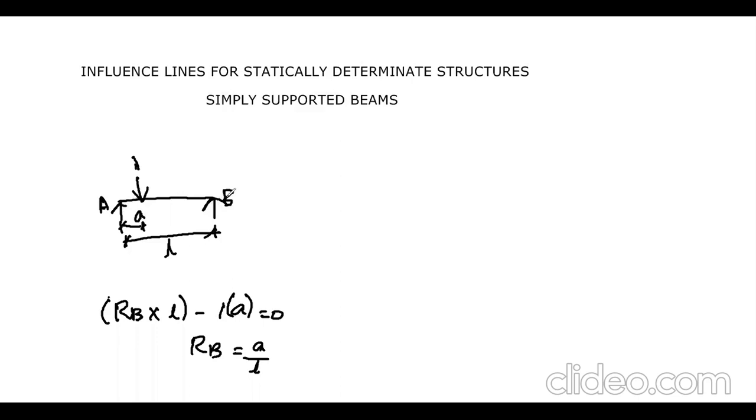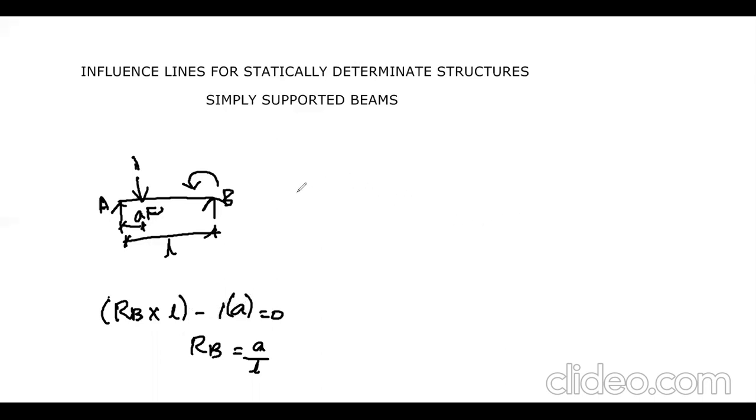So this RB will act in anti-clockwise direction. Anti-clockwise means positive sign. This unit load will act in clockwise direction, and clockwise means negative sign convention I am adopting. That is where the sign differences are coming.